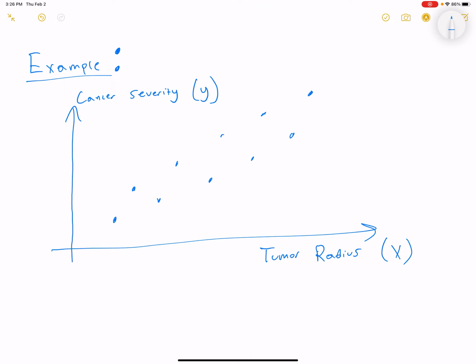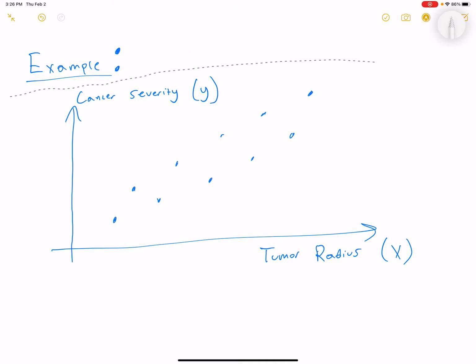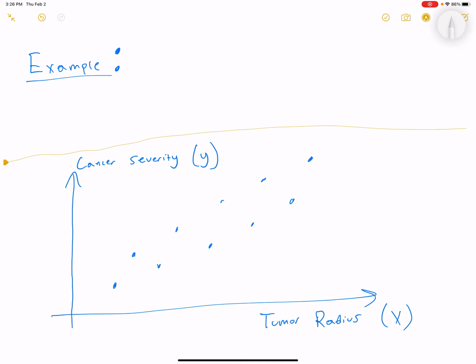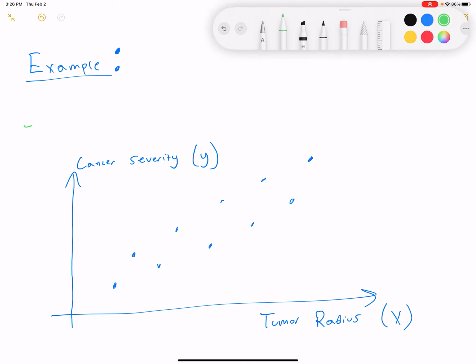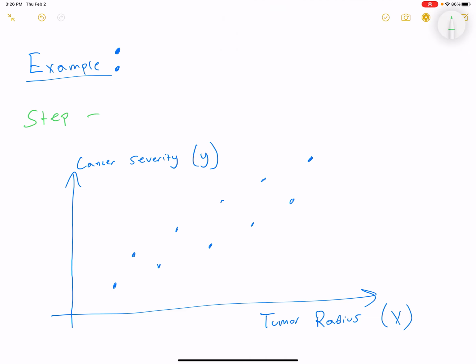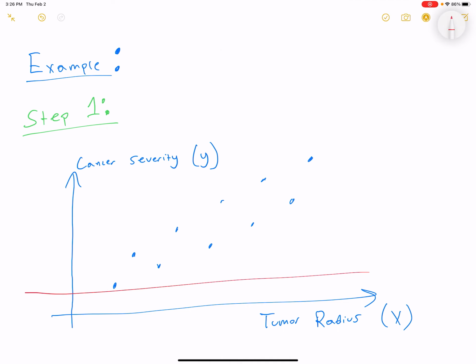Let's follow the steps of gradient descent as we outlined above, and I'll label each of the steps. Okay, step 1 is to just make our initial guess.